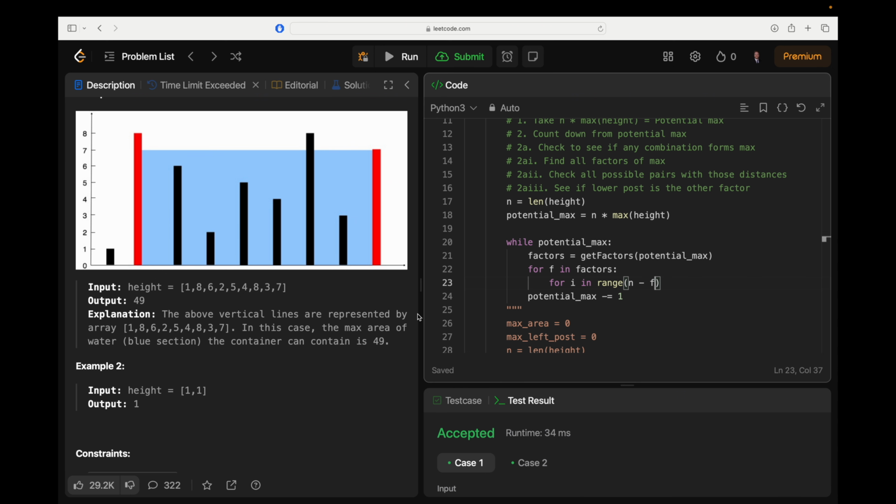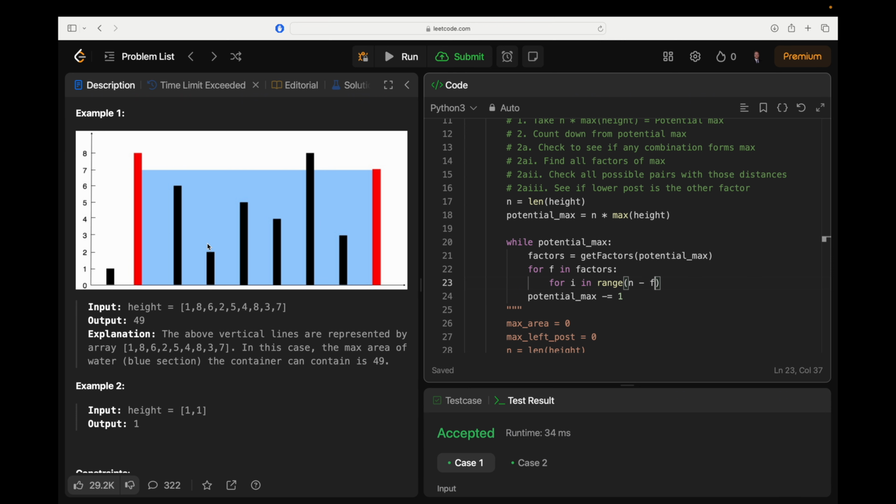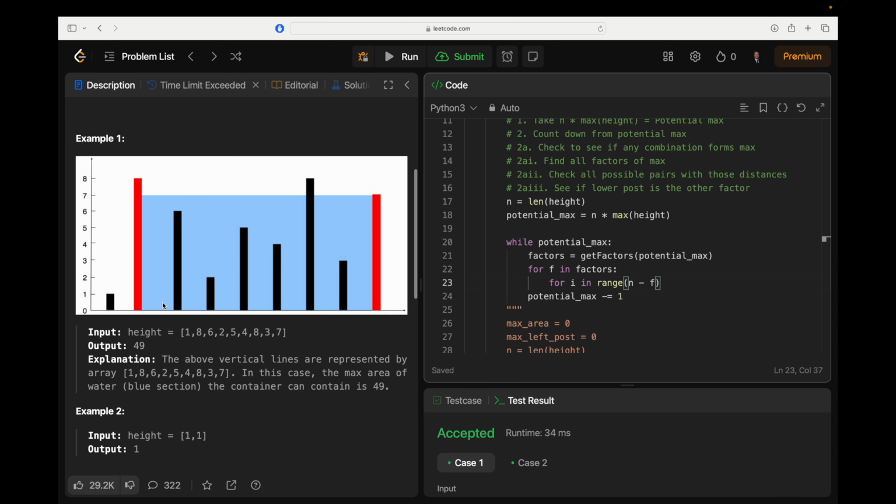Here's to catch you up on what I'm thinking. Let's say we start by saying, okay, well, we know that since it's 72, one of the possible factors should be 9, which means that we should check the posts that have a distance of 9.